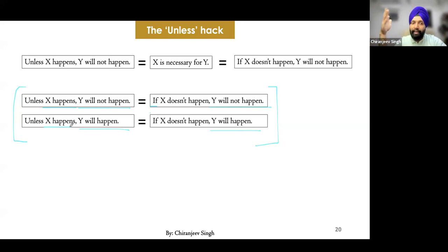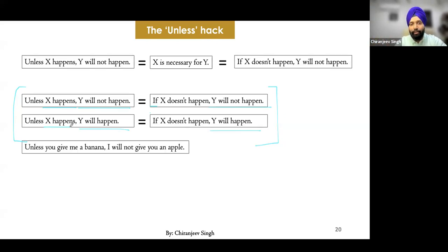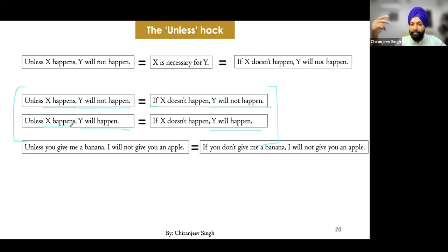You can transform any unless statement into an if-then statement by going through this route. The then part remains the same, and the unless part becomes the opposite. So for example, unless you give me a banana, I'll not give you an apple. If you transform it into an if statement, it becomes: if you don't give me a banana, I'll not give you an apple.